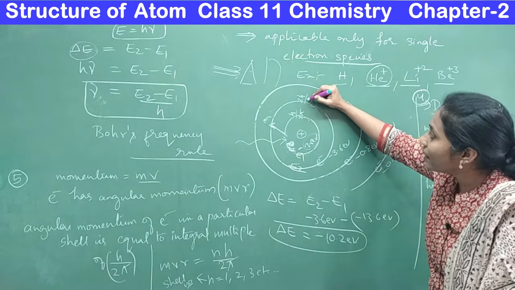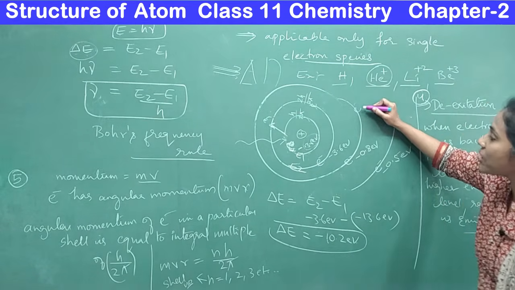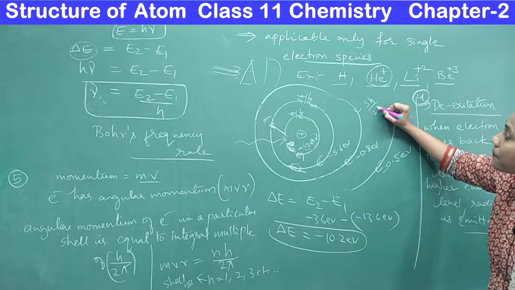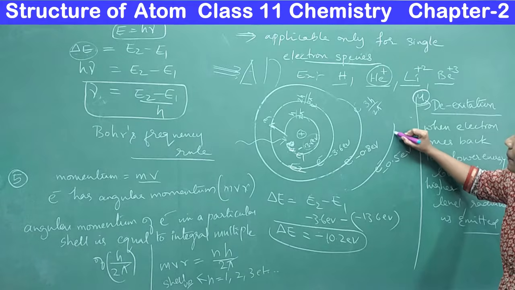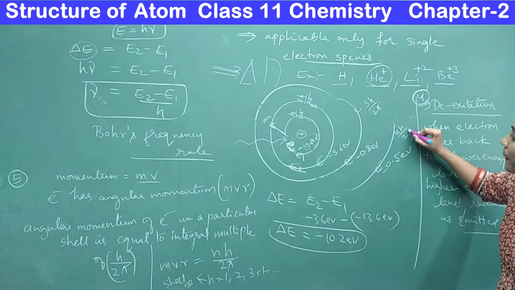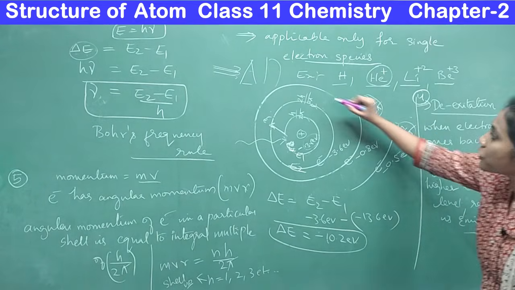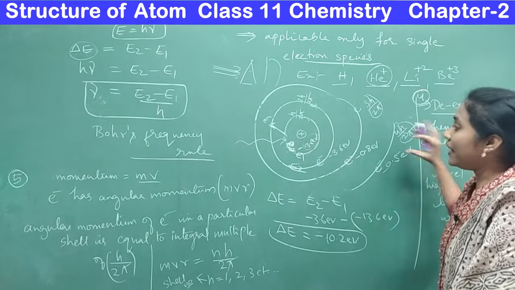Clear? If the electron is present in the third shell, then its angular momentum is 3h by 2 pi. If an electron is present in the fourth shell, then its angular momentum is 4h by 2 pi. You see, h by 2 pi is common, and only the shell number differs.